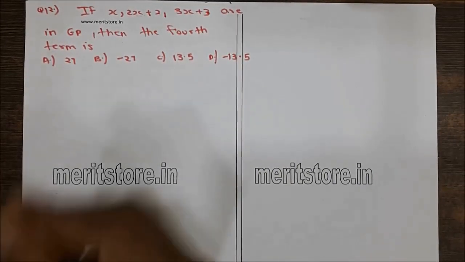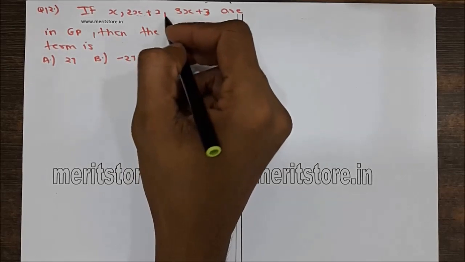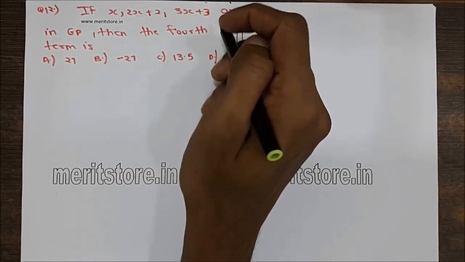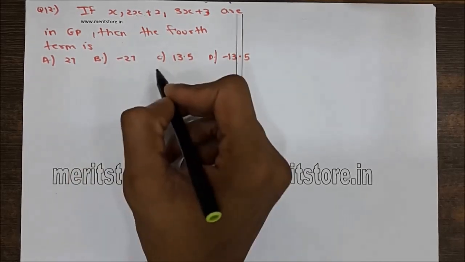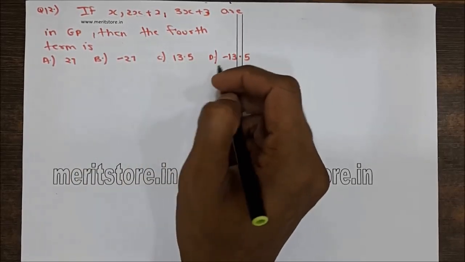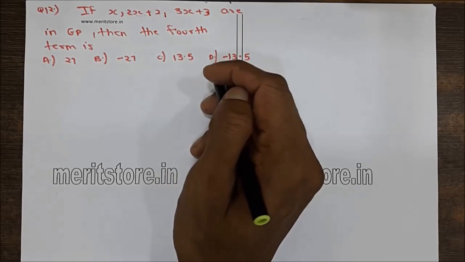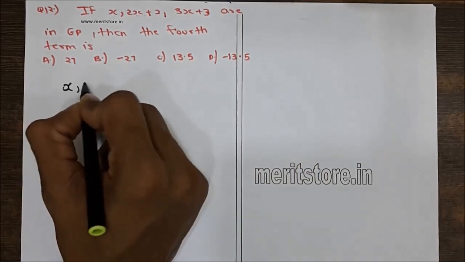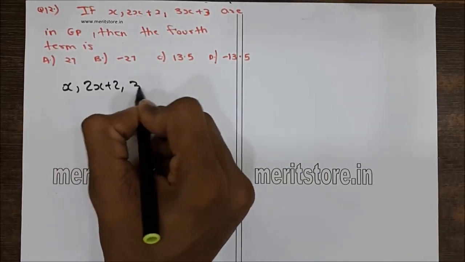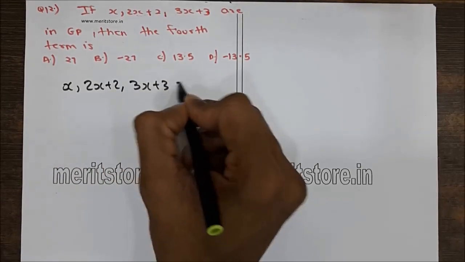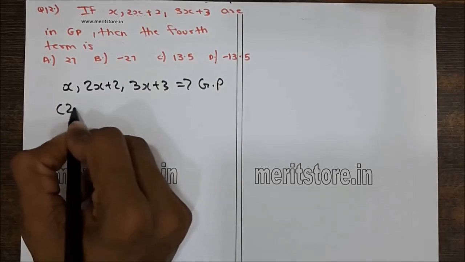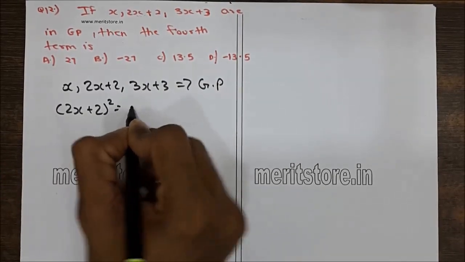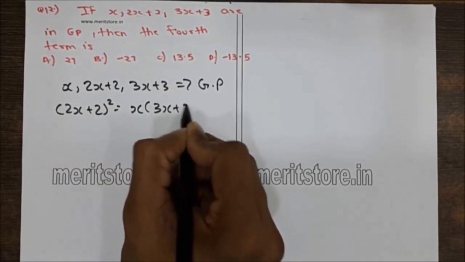Question 12. If x, 2x plus 2, 3x plus 3 are in GP, then the fourth term is, we have four options, that is A 27, B minus 27, C 13.5 and D minus 13.5. Given that x, 2x plus 2, 3x plus 3 are in GP, therefore we can write this as 2x plus 2 the whole square equal to x into 3x plus 3.